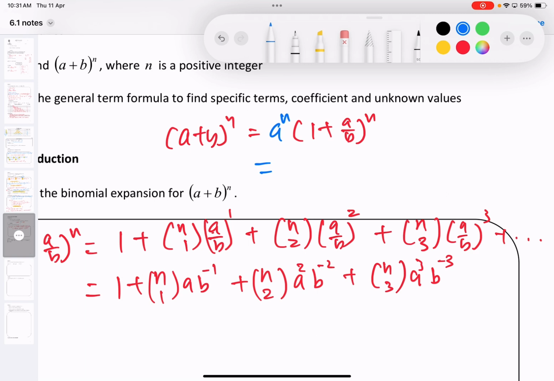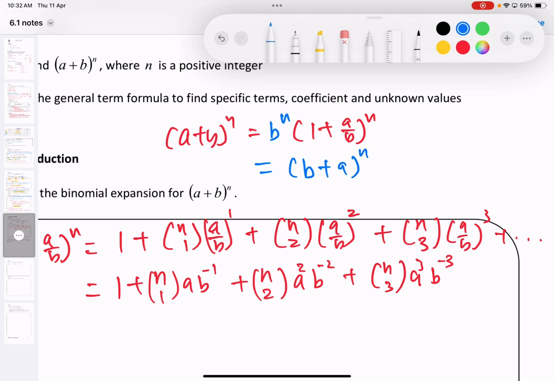Because if I multiply by the same power, I can push in the terms, so it will be b plus a, to the power of n.